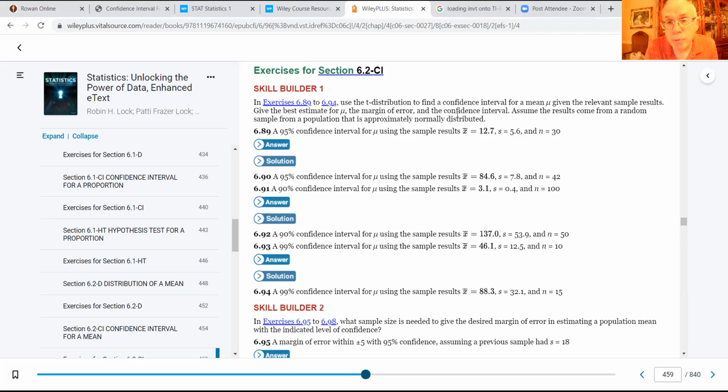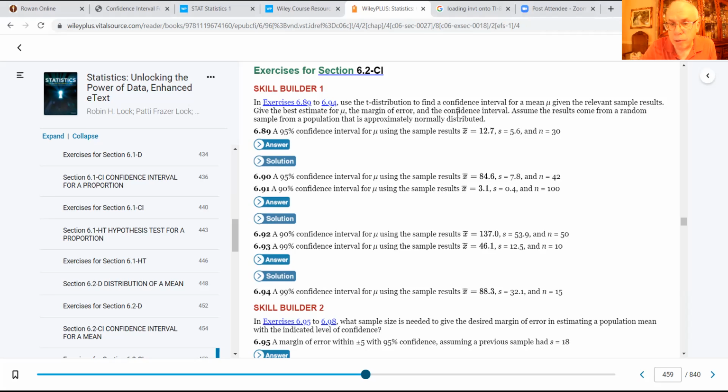The sampling distribution will be normal. And remember, those are the two assumptions to construct a confidence interval. Number one, the sample was randomly selected, and number two, one of two conditions is met. Either the population is normal, which means the sampling distribution is normal, or the sample size is at least 30, which means the sampling distribution is normal even if the population is not.